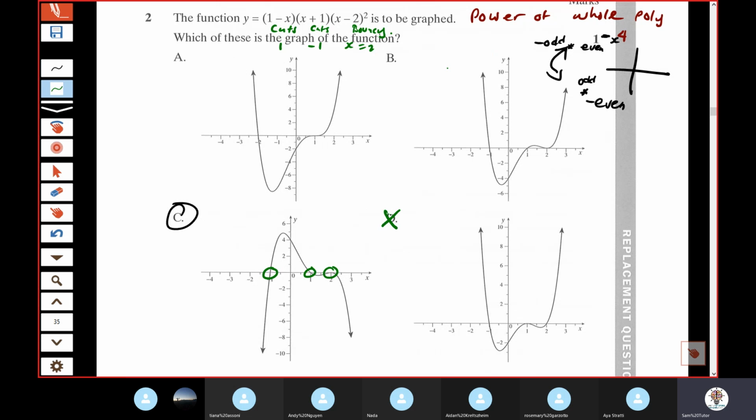So it can't obviously be A or D. It looks like either B or C. But as I said, negative x to the 4 starts down at the bottom, so the answer is C.